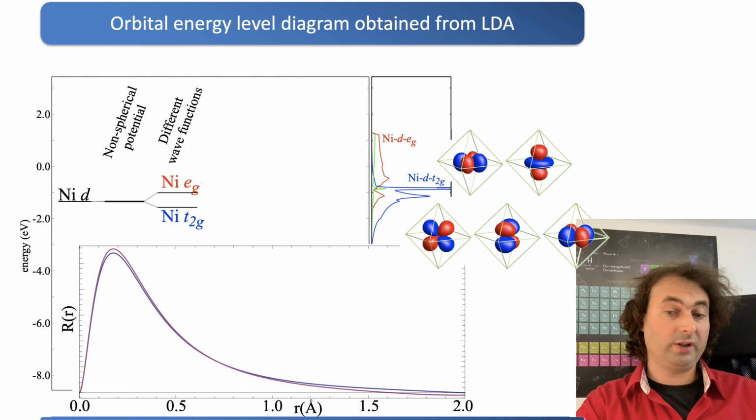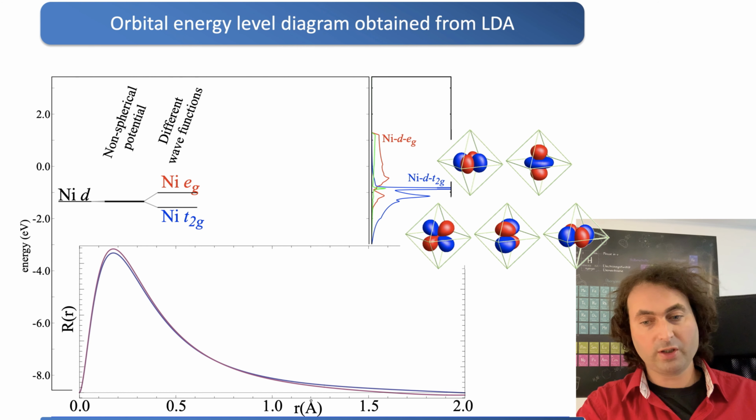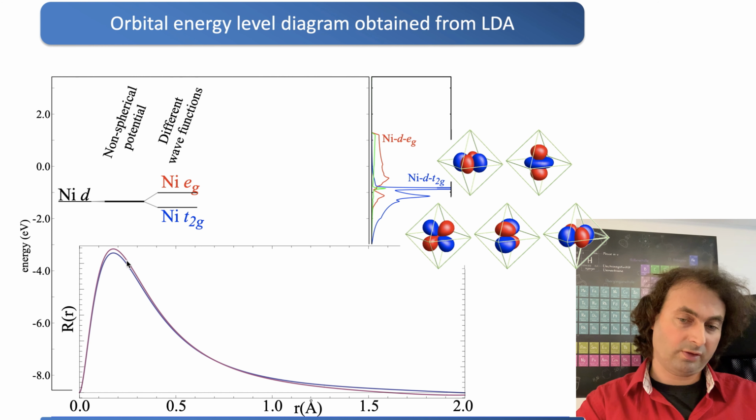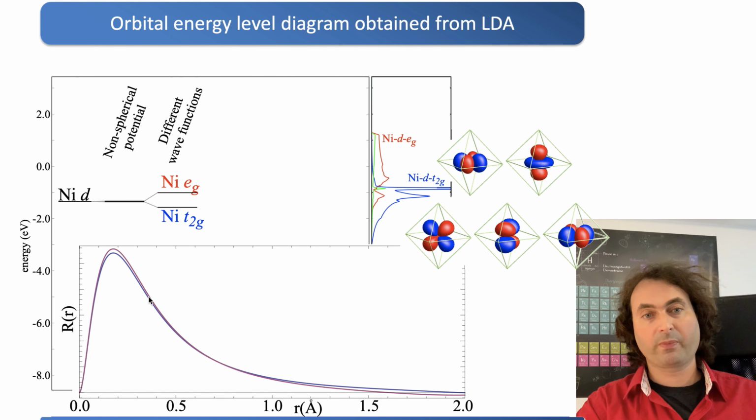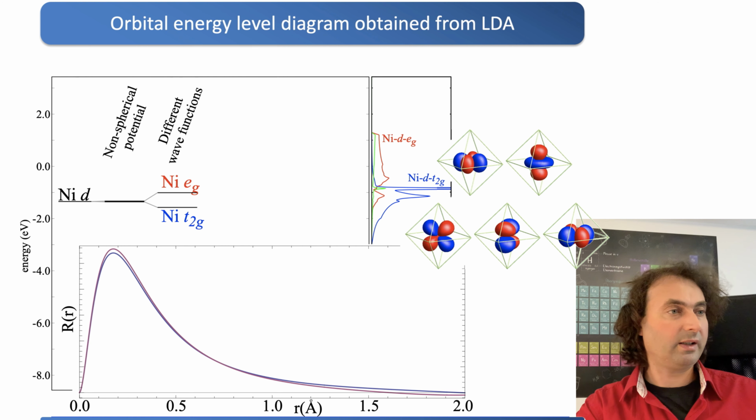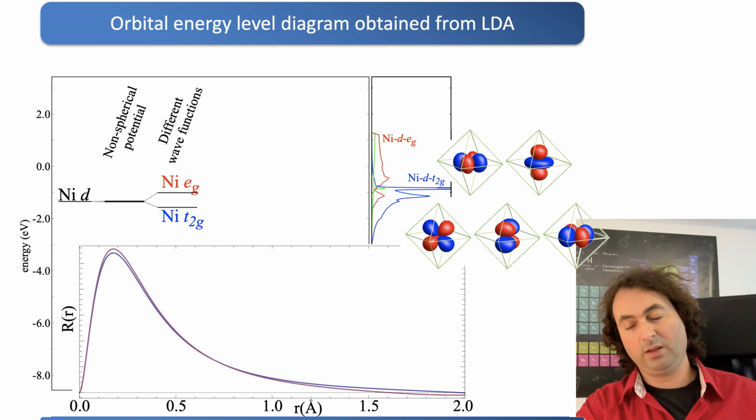Because it's closer to the atomic nucleus, it will have a larger potential energy, so it should be lower than the T2G, which is closer to the nucleus. But then again, its derivative becomes also larger, so you have an increase of kinetic energy, and that will put the EG orbital higher again.